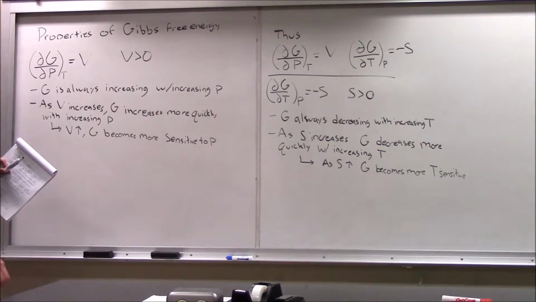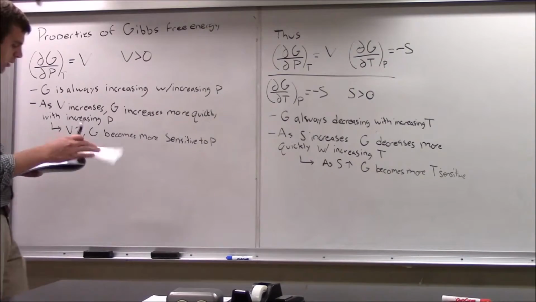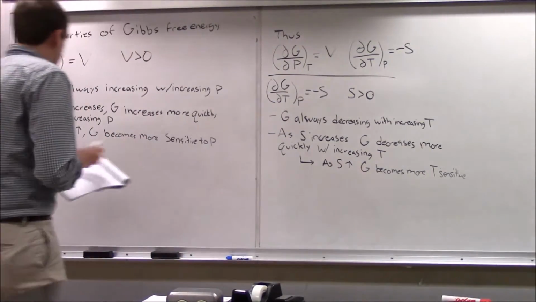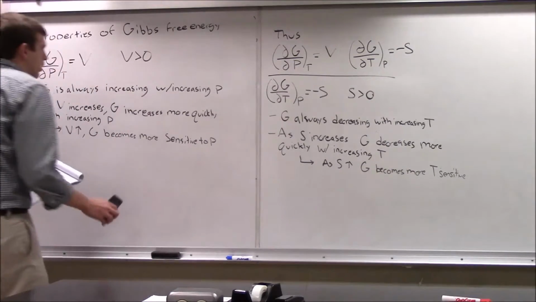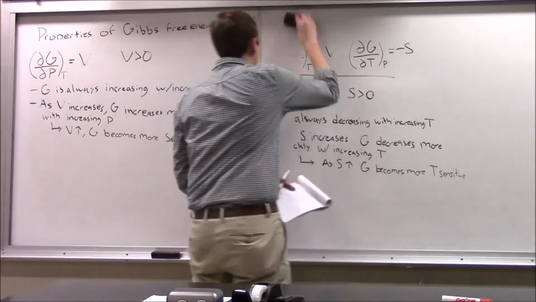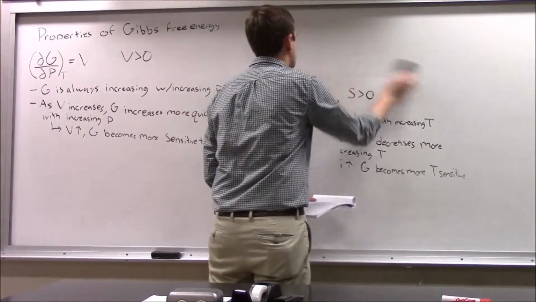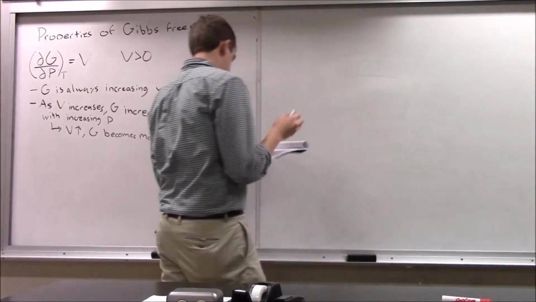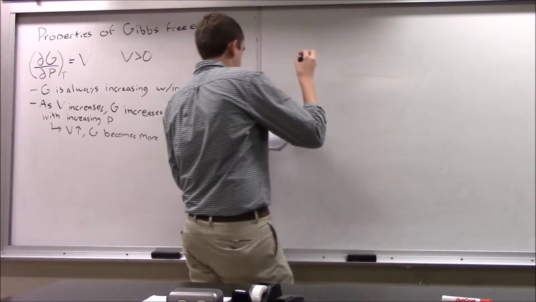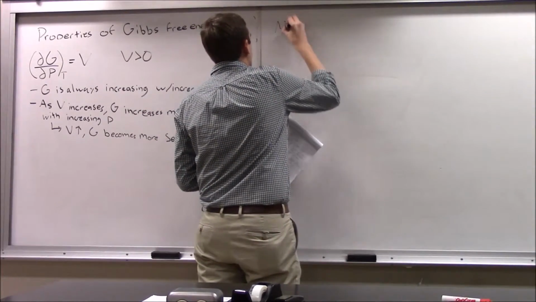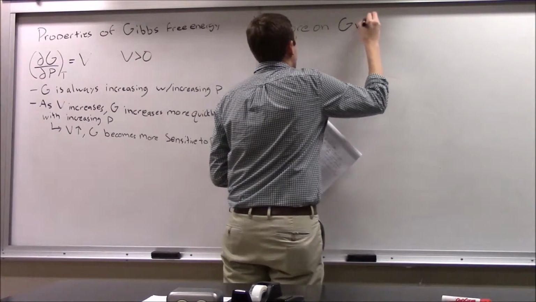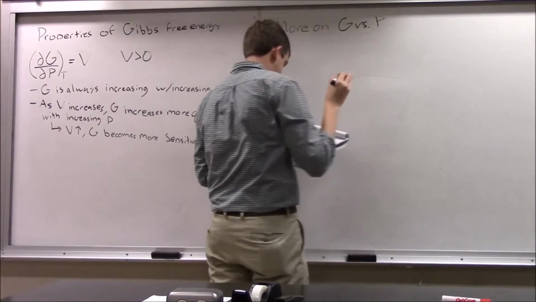Finally, we're going to go on and talk a little bit more about our Gibbs free energy and pressure. So we're going to continue on with this. This is more on Gibbs free energy versus pressure.